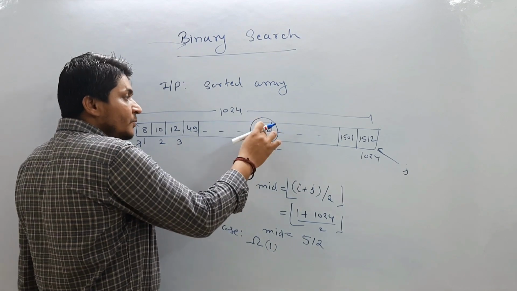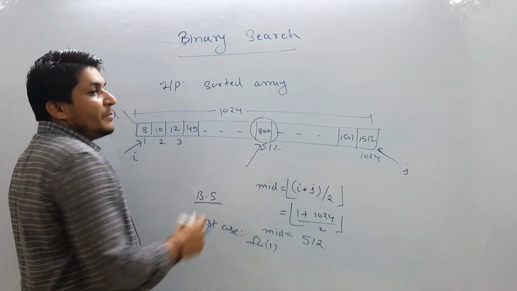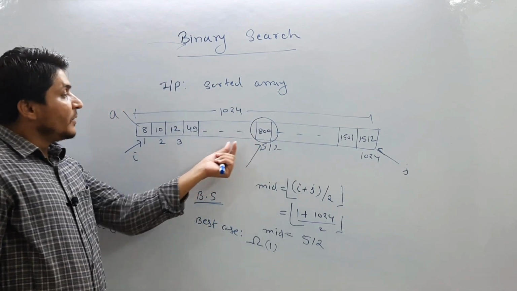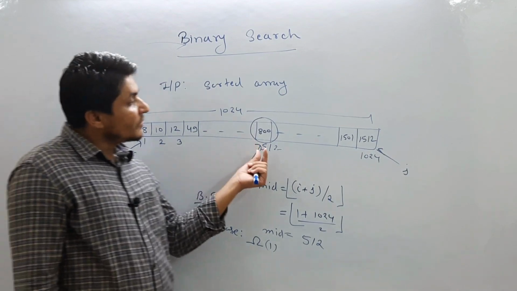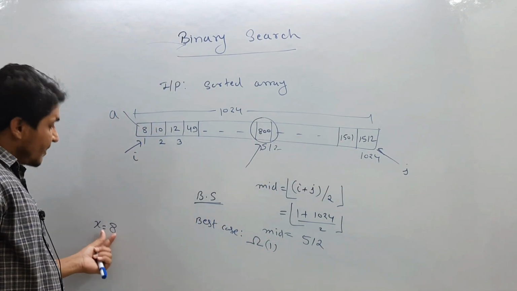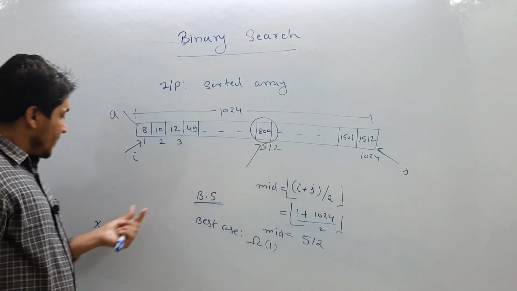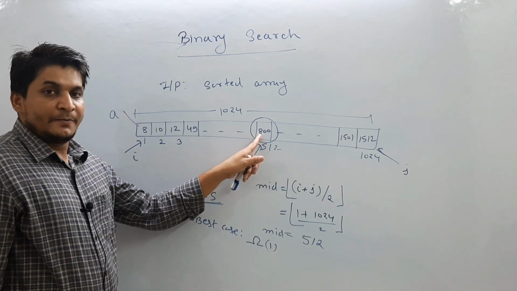Then it will say to you, if you are looking for a smaller value, then it could be available on the left hand side. If you are searching for a greater value, then it could be available on the right hand side. After making that comparison, you came to know you are looking for a value smaller than 800.